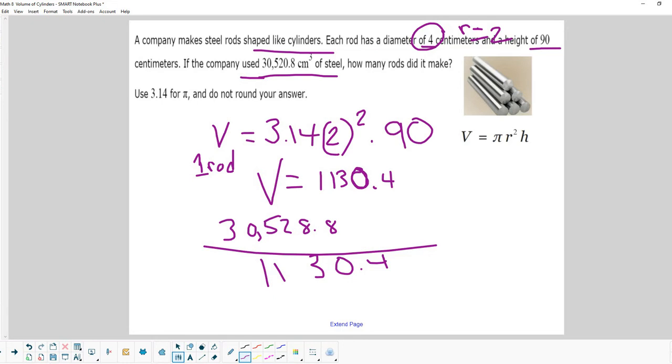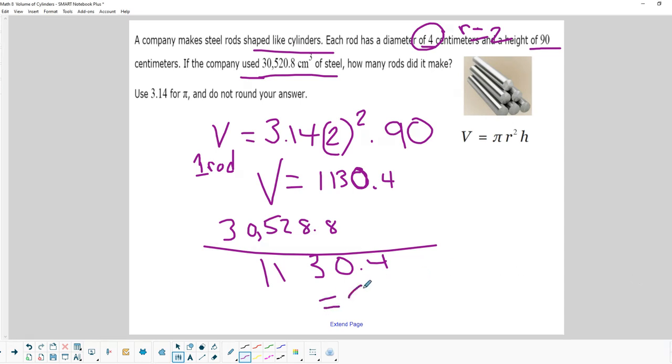I'm going to get a calculator going. So 30,528.8, I'll do that one more time. 30,528.8 divided by 1130.4, which equals 27.00.